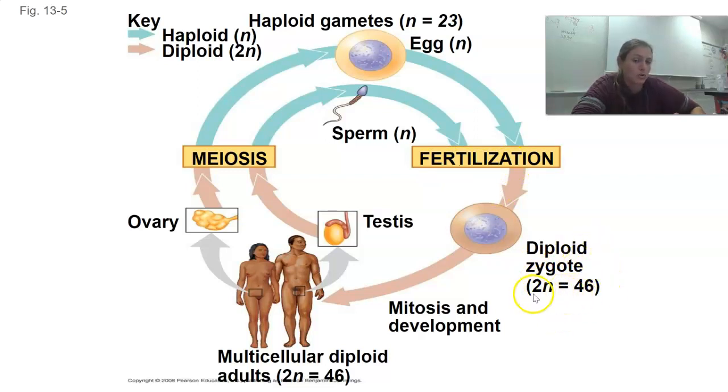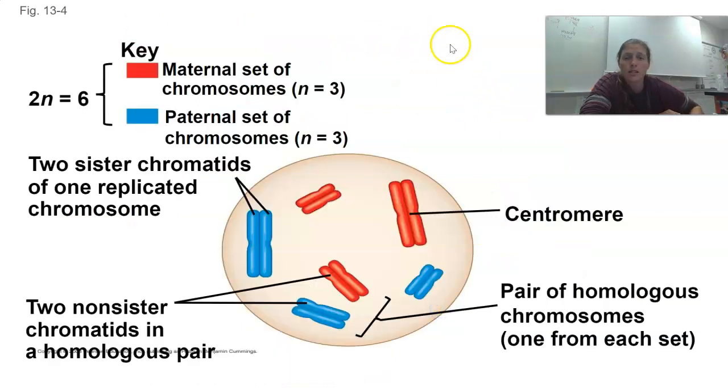That's how many you're supposed to have. That fertilized egg, now with 46 chromosomes, where the DNA is able to read correctly, will go through mitosis in somatic cells and create a human being. So it's a really complicated process.